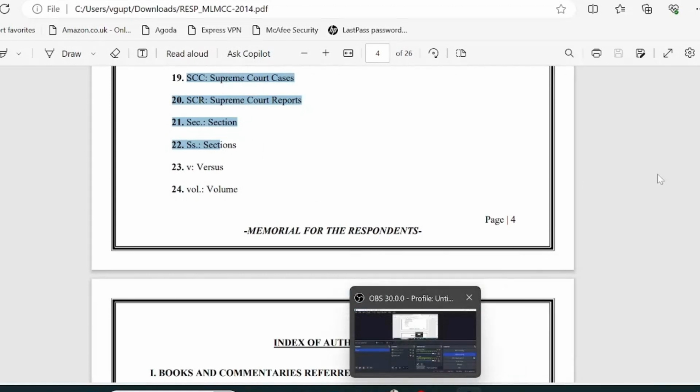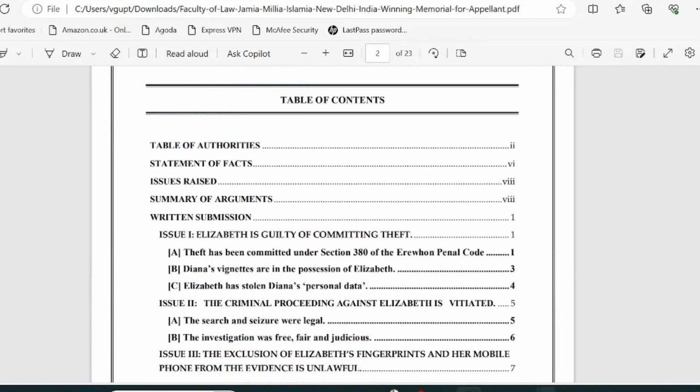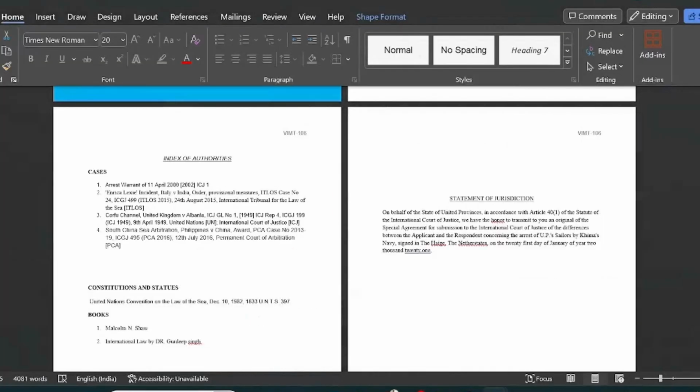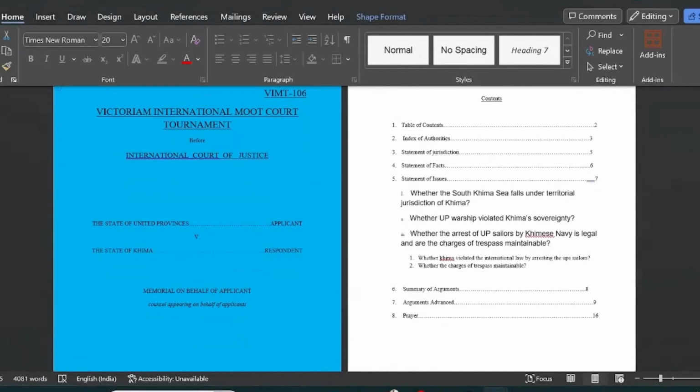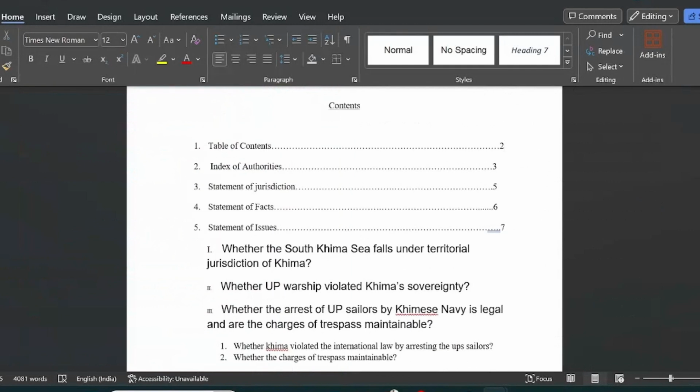Okay, moving on. Next in line we have, so tables of contents यही है. Index of authority, statement of jurisdiction, statement of facts, statement of issues. Now we'll, statement of facts तक हो गया.